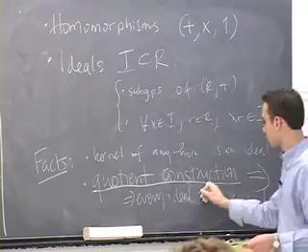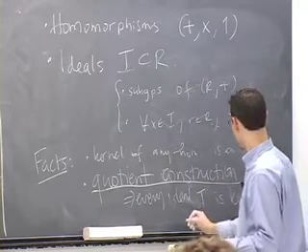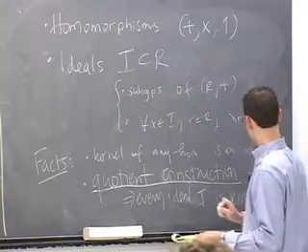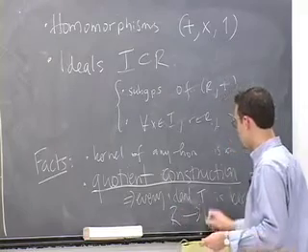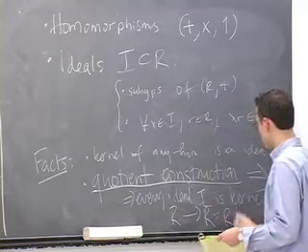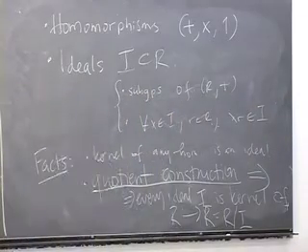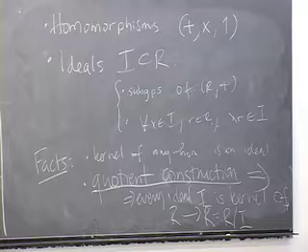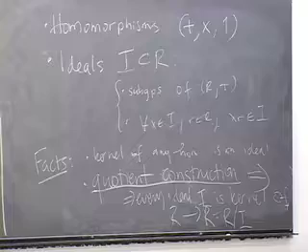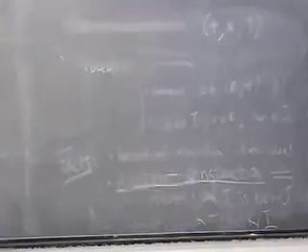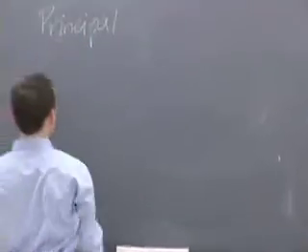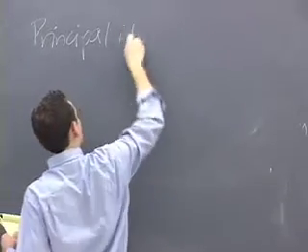In fact, we can explicitly write down a homomorphism which has I as a kernel, namely the natural projection map R goes to R bar, which is R mod I, the quotient. And you should remember what a principal ideal is. This is a specific type of ideal. Not all ideals are necessarily principal, although there are rings in which every ideal is principal. Repeat that in a minute.